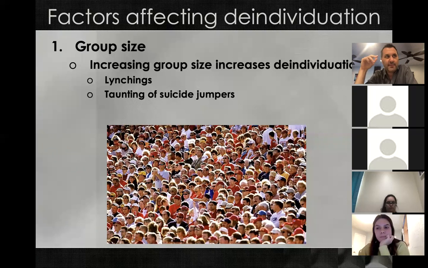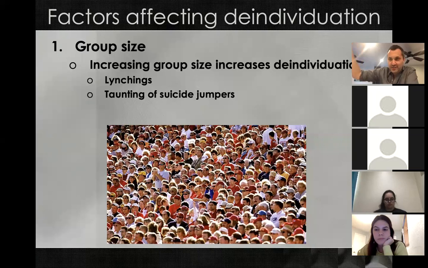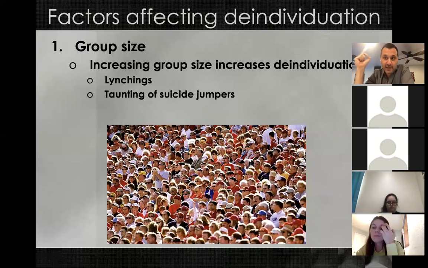Well, a kind of dark phenomenon that sometimes happens is, at some point, these groups oftentimes start taunting the suicide jumper. They start saying things like, jump, jump, jump, almost encouraging them to jump, which is a pretty awful thing, right? This is someone who's suffering from depression or potentially some mental health issue, who's considering killing themselves, and you have a group of people who are now seemingly encouraging this person to jump.